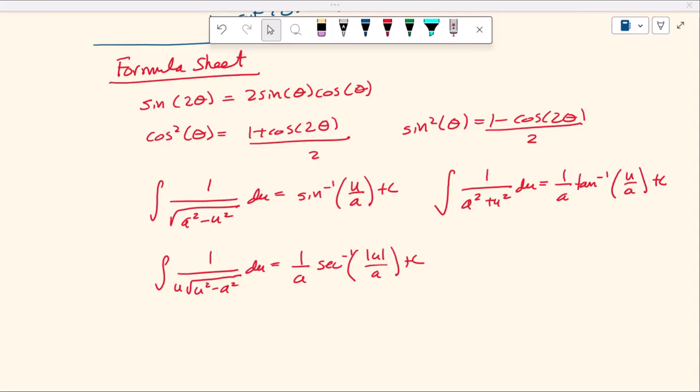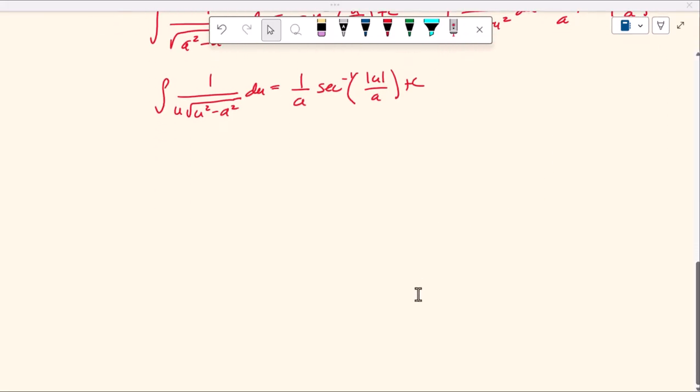I will also include on this list the integral of secant, and we might end up showing how this integrates to this formula at some point because it does show up quite a bit. So the integral of secant u is natural log absolute value of secant u plus tangent u plus c.